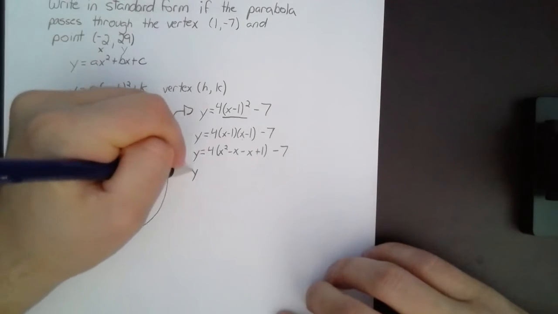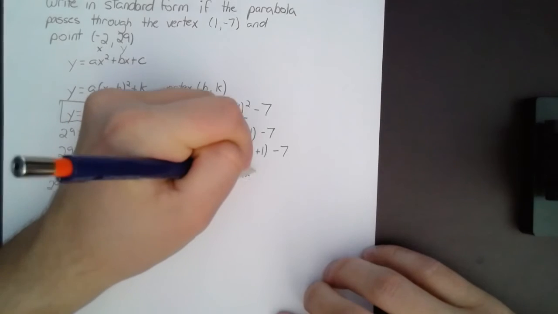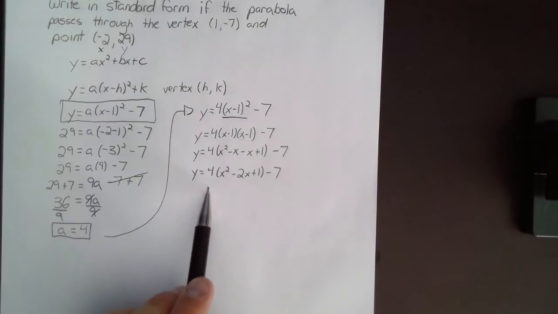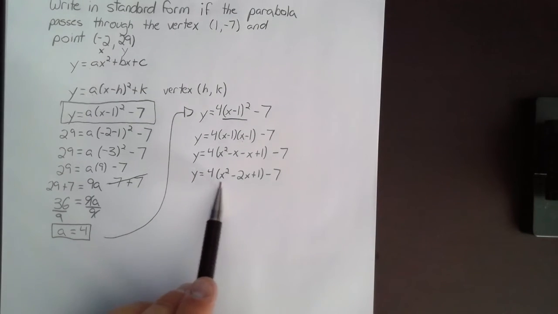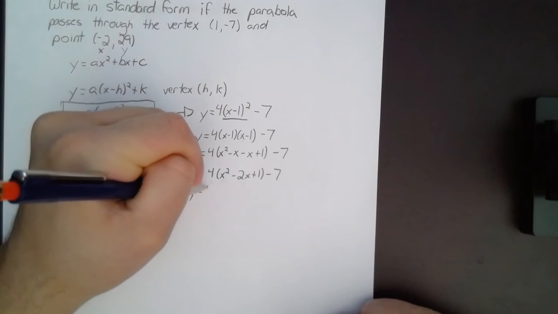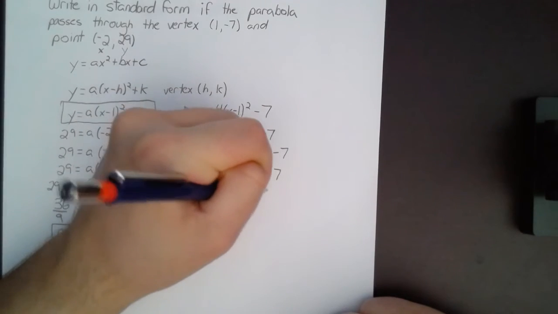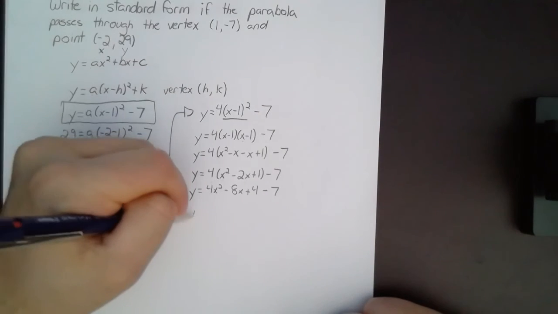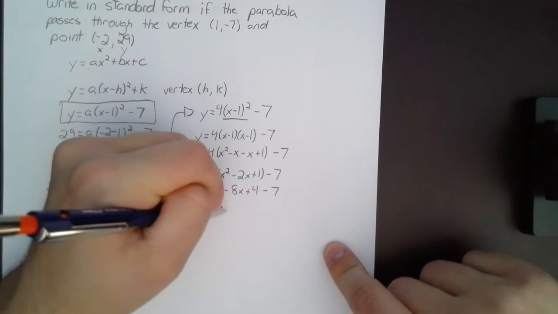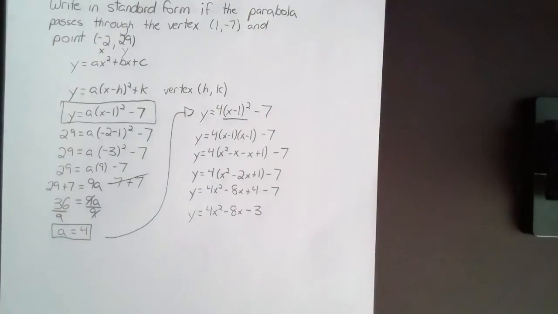And I'll just collect my like terms inside the bracket there: x squared minus 2x plus 1, minus 7. And now I need to take this 4 in front and distribute it through the bracket. So I need to multiply each term in that bracket by 4. So I'm left with 4x squared minus 8x plus 4 minus 7. And then I have y equals, collecting my two like terms at the end here, 4x squared minus 8x. 4 minus 7 is just negative 3.